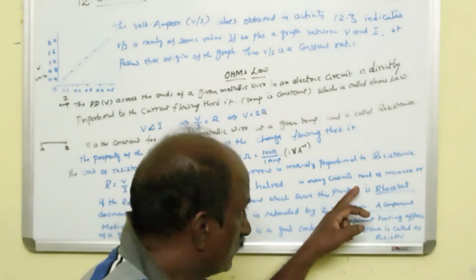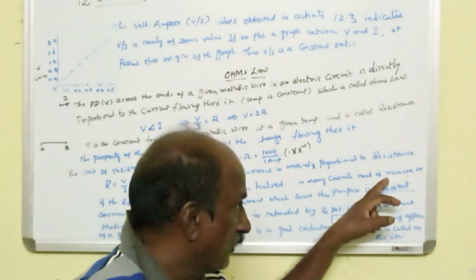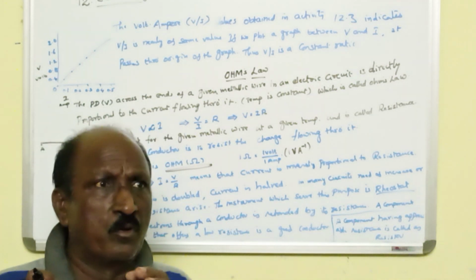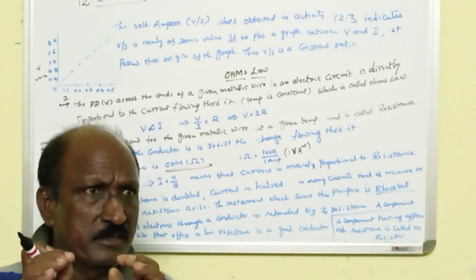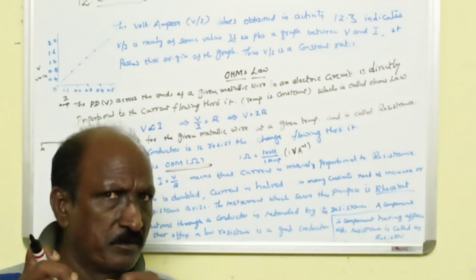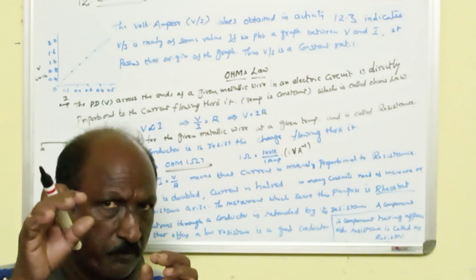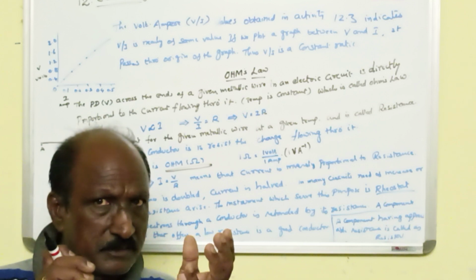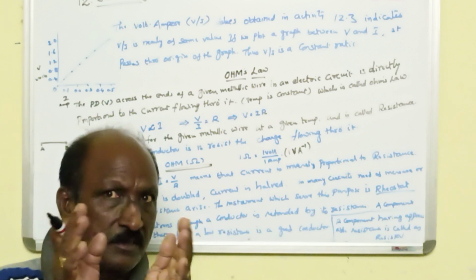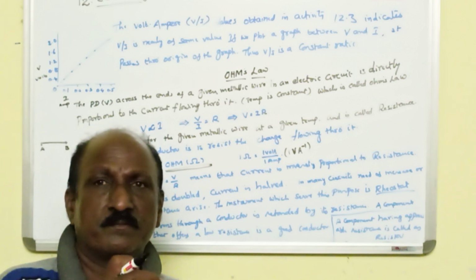In many electric circuits, there is a need to increase or decrease the resistance values. In order to stabilize the current, the resistance should be varied between some limits.